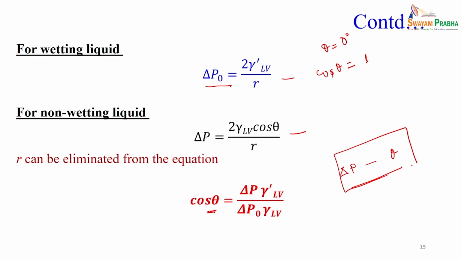We use this method for powder samples, because for a powder we cannot put a drop of liquid and analyze it. So, for a powder sample we make a compressed porous plug and measure delta P, and delta P is directly related to the interfacial tension and inversely related to the capillary radius.